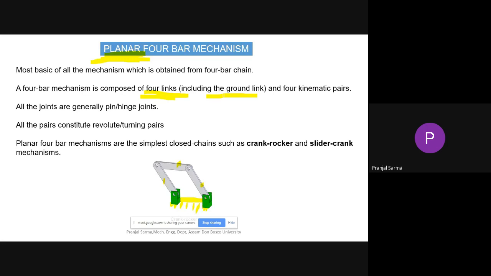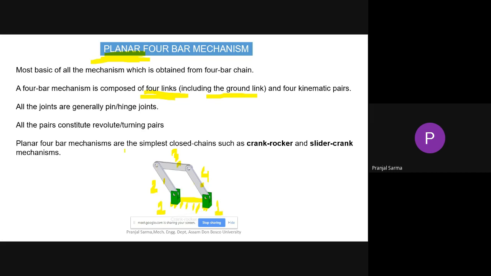Ultimately, from the analysis we have done, we get four kinematic pairs. So we can give this as number 1, this link number 2, number 3, number 4, and once again this is nothing but number 1, because this is the same ground link.